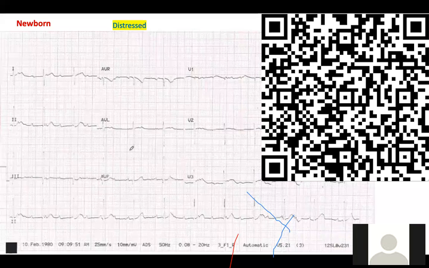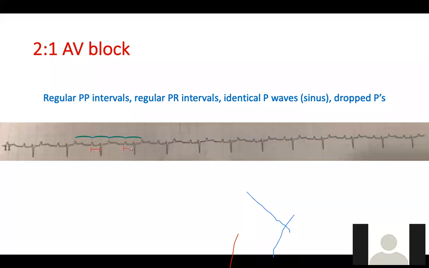Dr. Muhammad, yes. The only difference between 2-to-1 AV block and Mobitz type 2 is that there is no dropped beat?